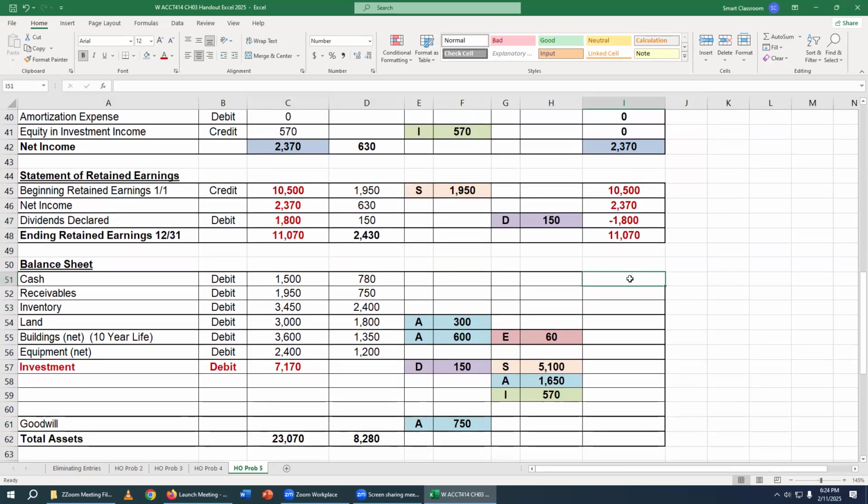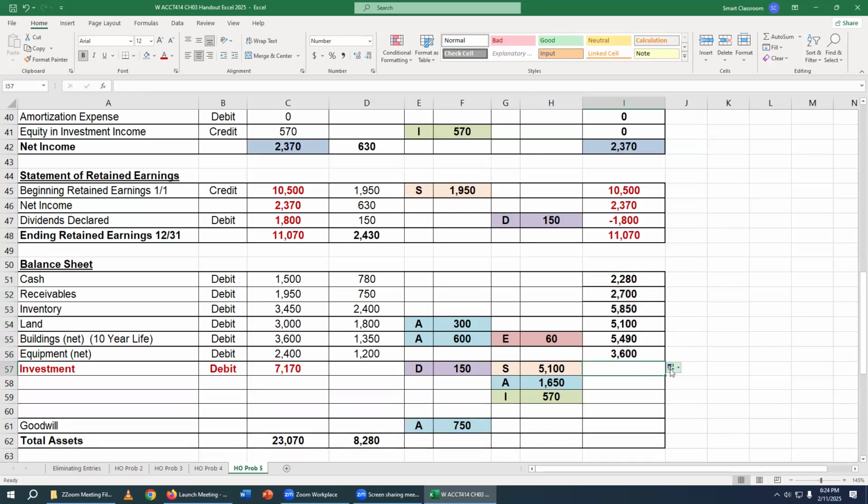Coming down here. Add in the dividends. We're kind of unmixing the cake.